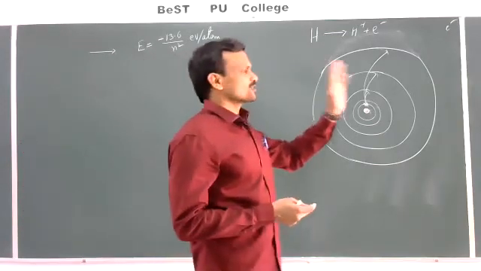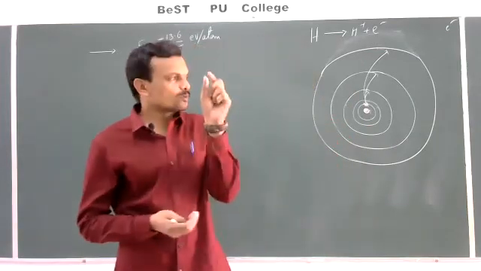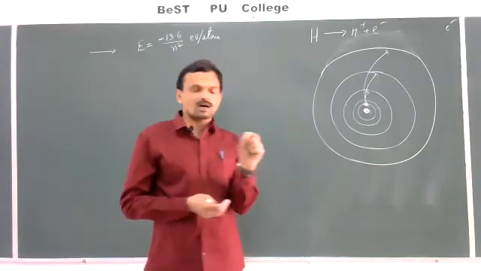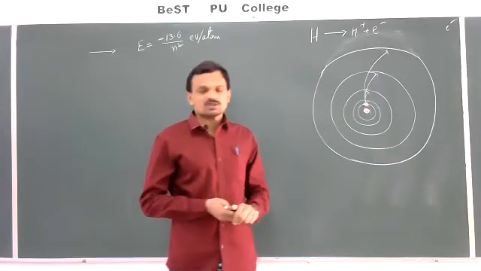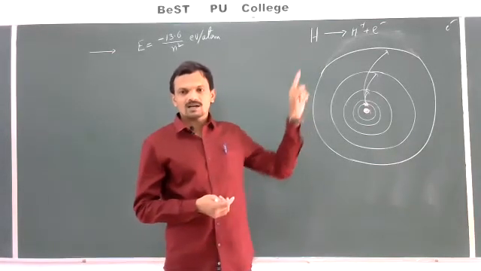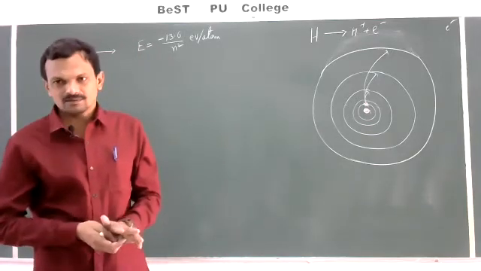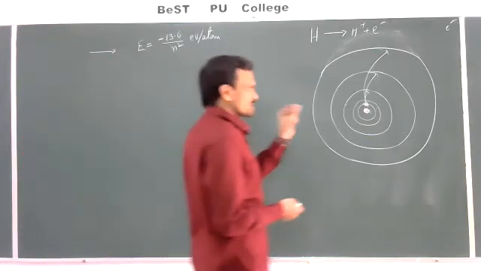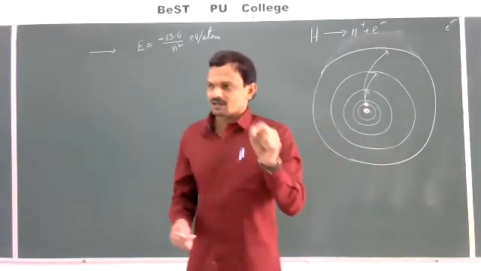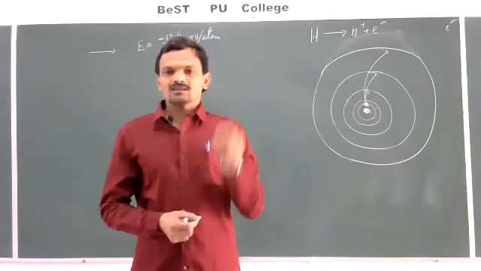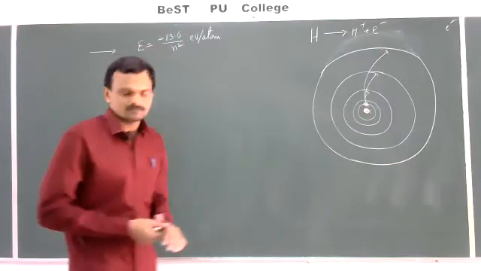Then the electron is said to be at infinite distance. So if from an atom you have moved the electron up to a distance where there is no force of attraction between the electron and the nucleus, then the atom is said to be ionized. At that state, the electron is said to be present at infinite distance.